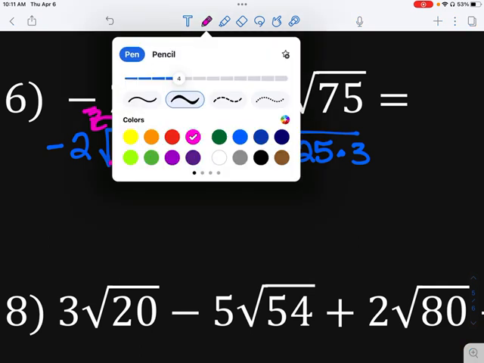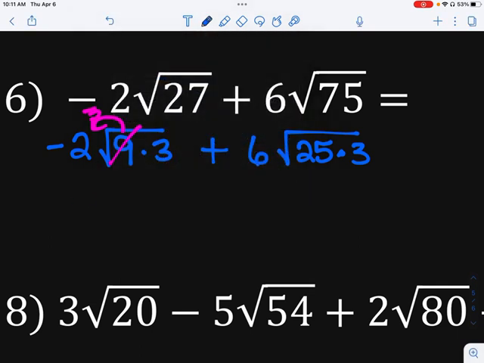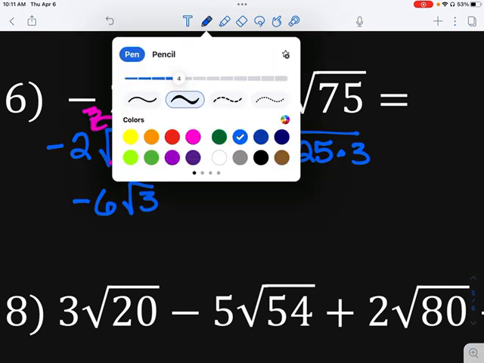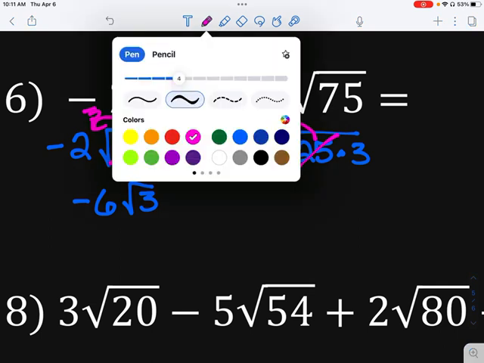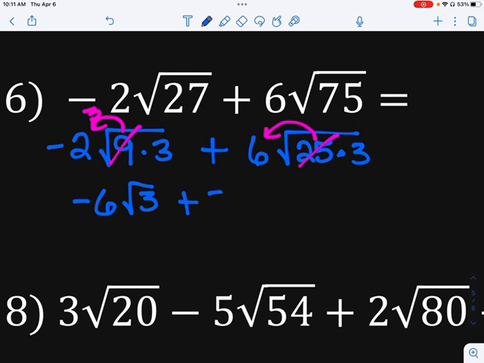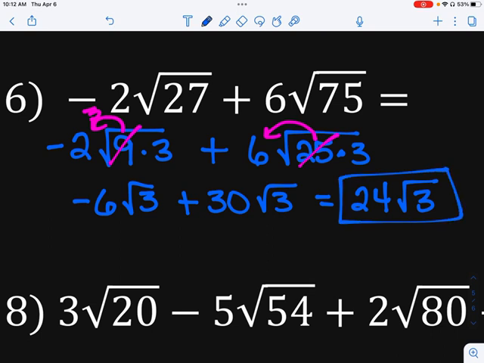So I'm going to bring that out. 3 times the negative 2 gives me negative 6 square root of 3. Then I come back here. Square root of 25 is 5. 5 times the 6 is going to get me 30 square root of 3. So now we take and add those. 30 plus a negative 6. That's going to get me 24 square root of 3. And I can add those because my radicals are the same there.